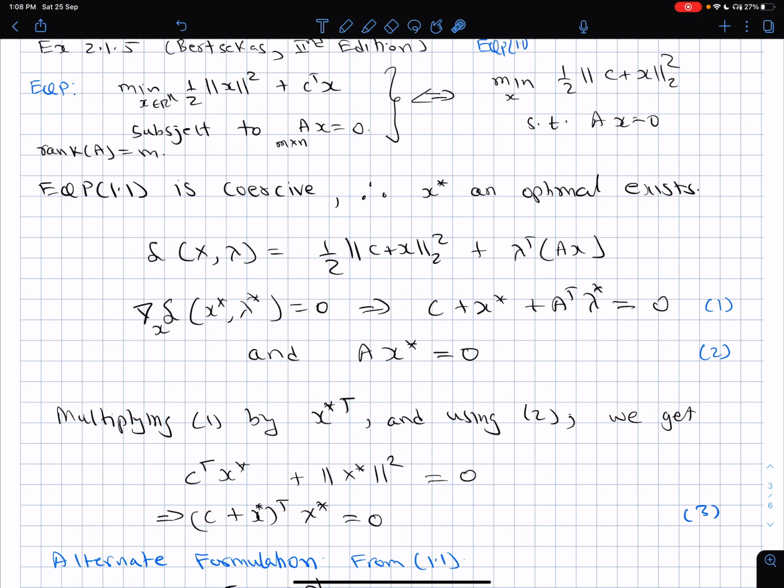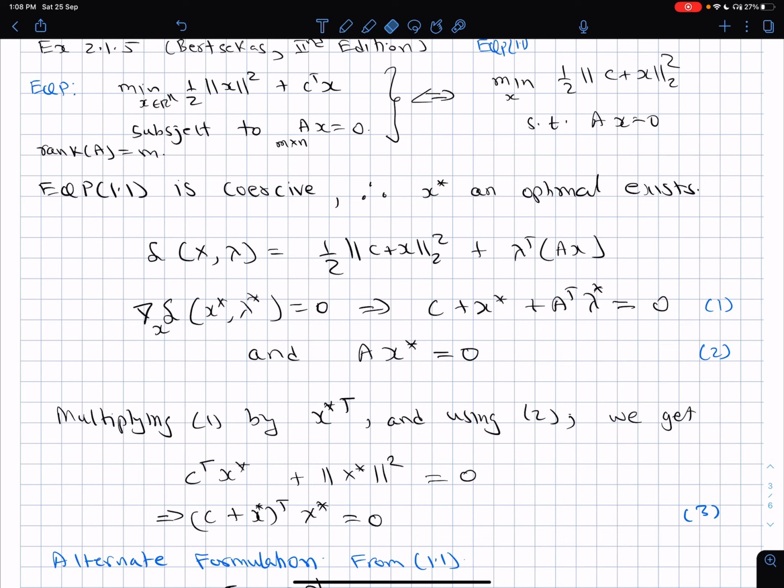As x tends to infinity, the objective function will go to infinity, and all of those x can go to infinity with the restriction Ax is equal to 0. So therefore I have a coercive function sitting here, and when the function is coercive, we have already seen that an optimum exists. So therefore the minimum is going to exist. Now we just need to look at what that minimum is.